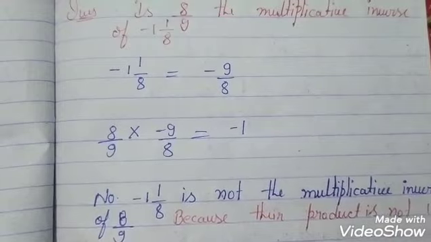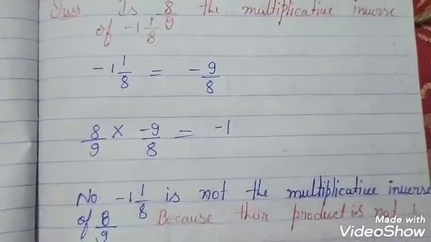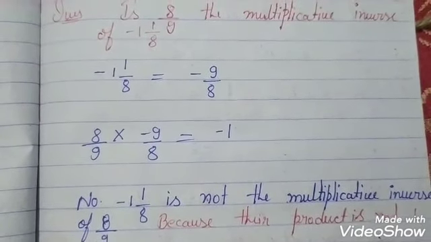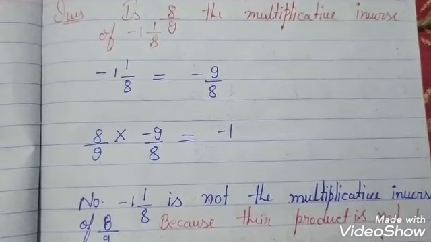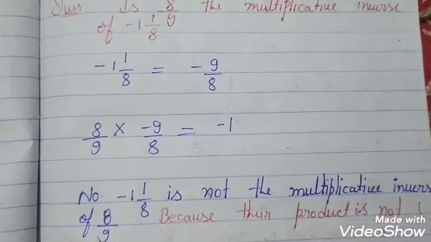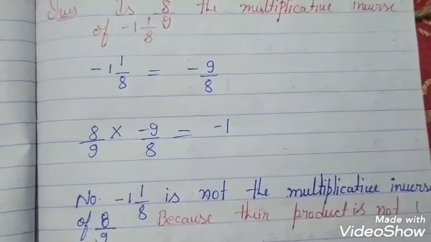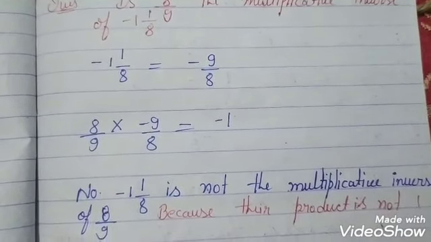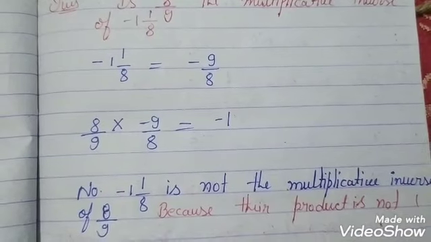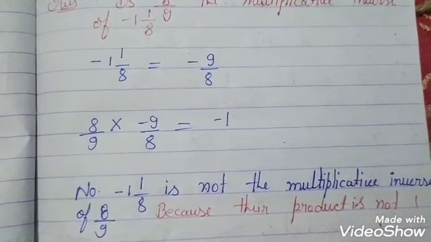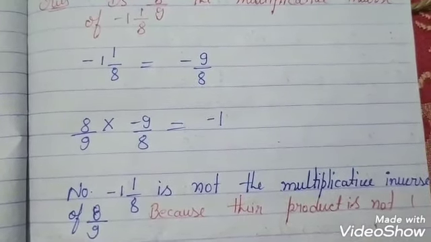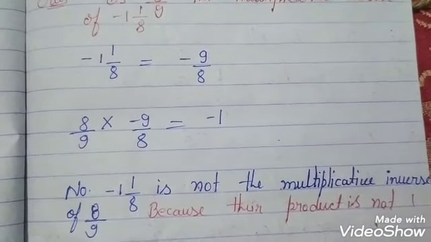As we know, any number is the multiplicative inverse of another number when their product is 1. Here we can see easily that their product is not 1. So minus 1 whole 1/8 is not the multiplicative inverse of 8/9, and the reason is their product is not 1.